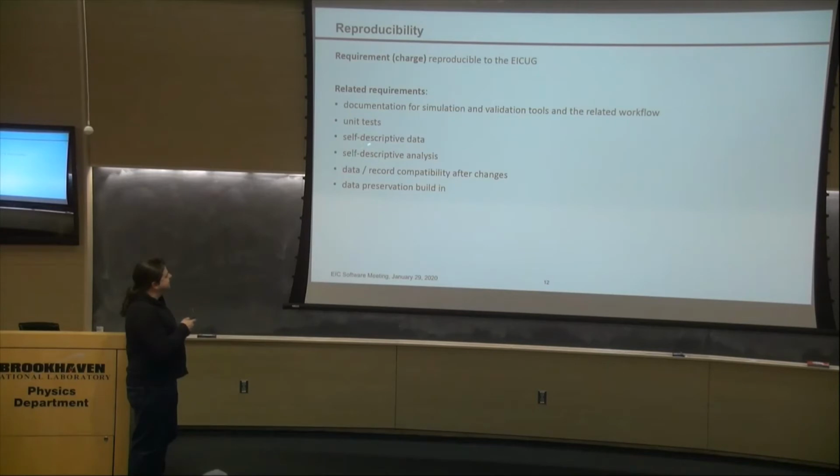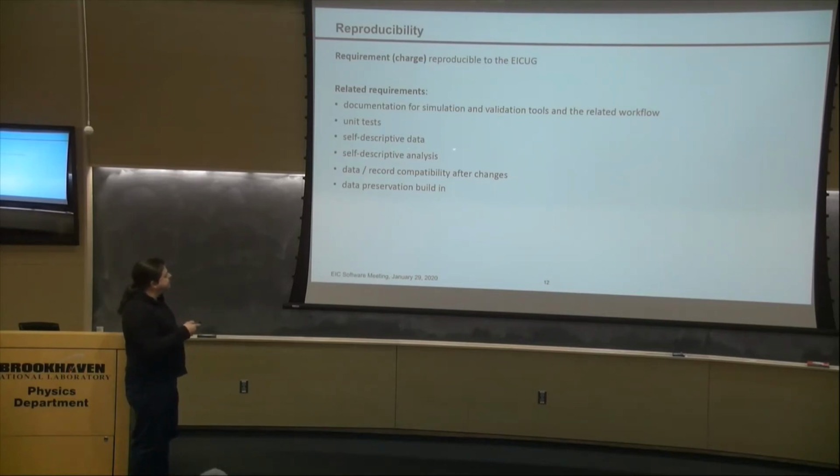We also discussed self-descriptive data and self-descriptive analysis. So I have a data file and want to know what the fields mean, what is in that data, for instance a Monte Carlo file which tells exactly that this has been created in this and that way.